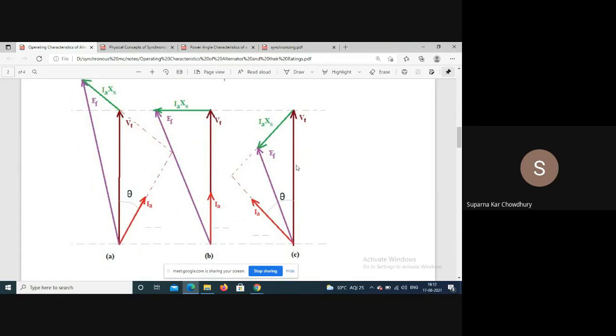So for an alternator, if it is supplying a lagging power factor load or a unity power factor load, the terminal voltage decreases from no load to full load. But if it is a leading power factor load, terminal voltage will increase.